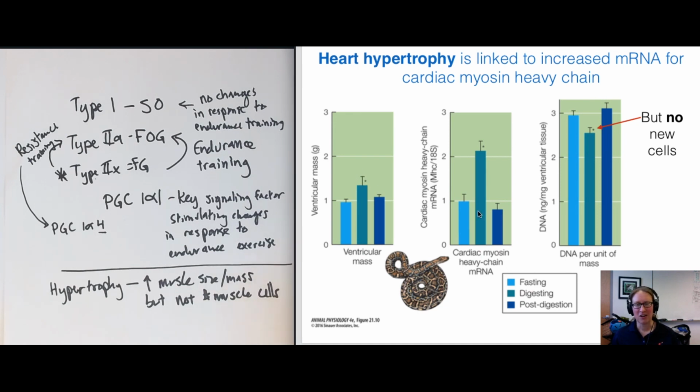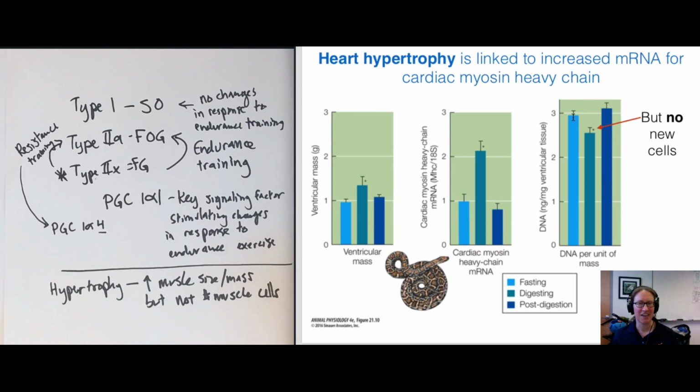Okay, here again is what happens with the myosin heavy chain mRNA. So again, it's much, much higher, so that indicates increased production of heavy chain myosin, the cardiac isoform, okay? But interestingly, if you measure the amount of DNA that's present per unit of muscle mass, it actually is lower.